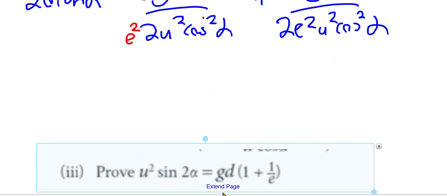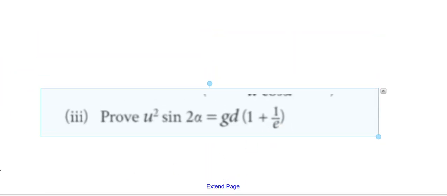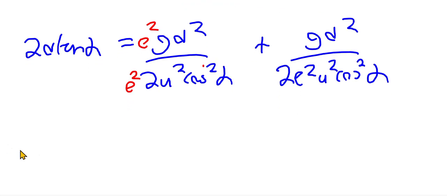I have this. I'm going to dominate. Now, here's what we're going to do next. I'm going to factorize out what they have in common. What do they actually have in common with each other? gd squared, and the full denominator. Agreed?